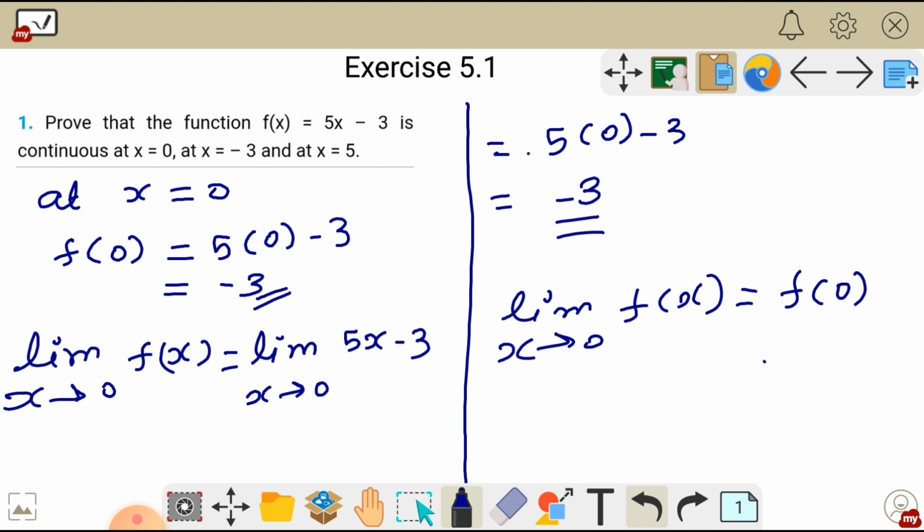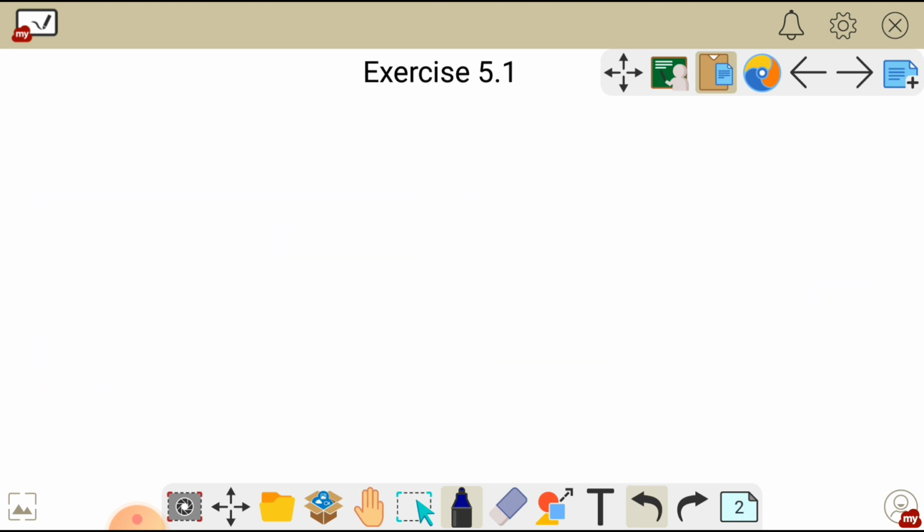So let us prove it for x equals minus 3. Now for x equals minus 3, what will be our function f of x? Let me write the function first. f of x equals 5x minus 3.